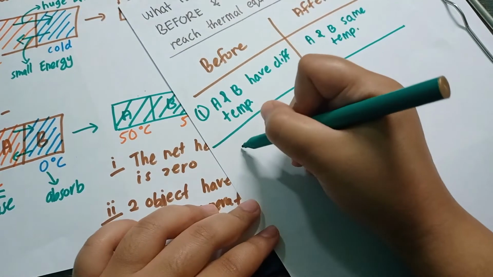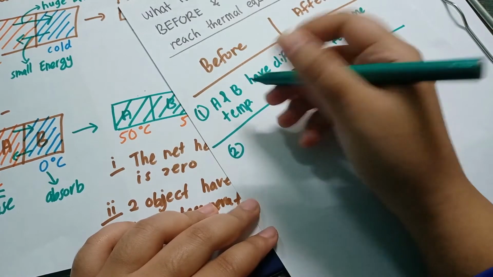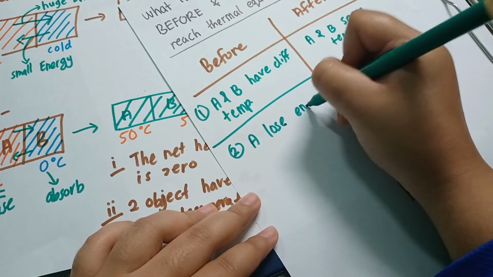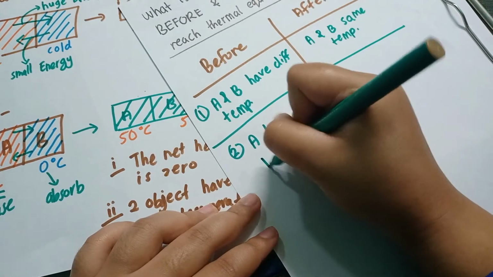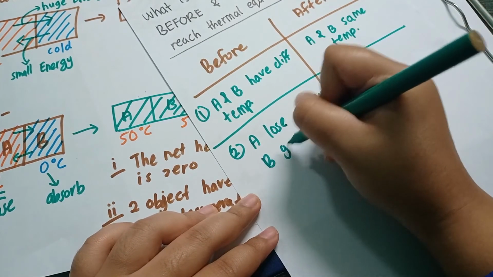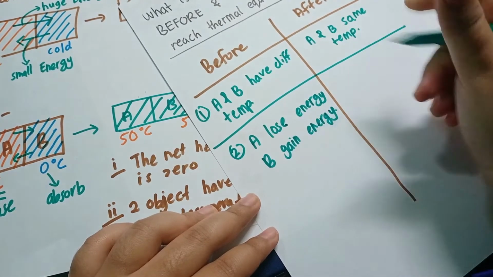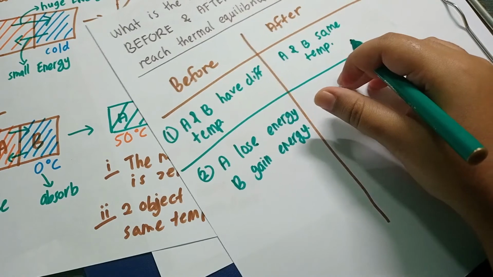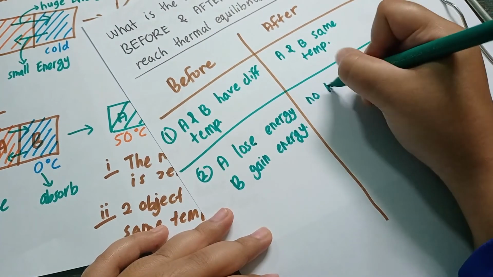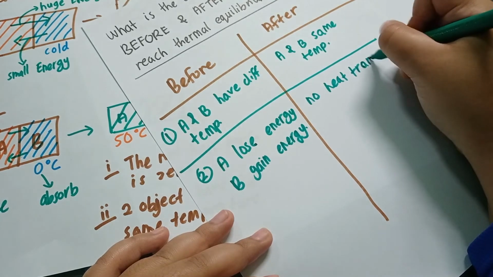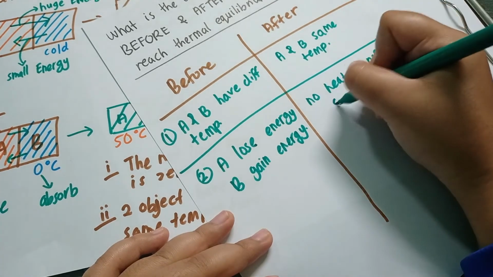Okay, for the second one, A will lose its energy, while B will gain energy. And after, there will be no heat transfer of energy.